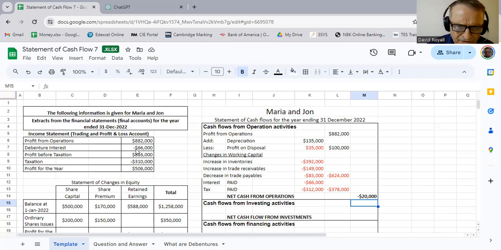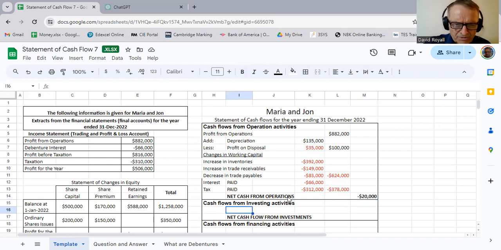Its inventories have risen. Its trade receivables have risen. This might be typical of a business rapidly expanding. Often businesses that grow too quickly do in fact hit some of these problems with respect to cash flow.